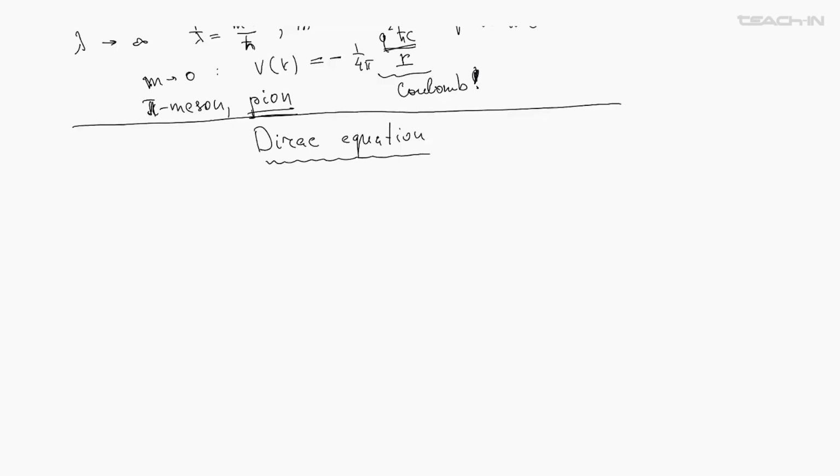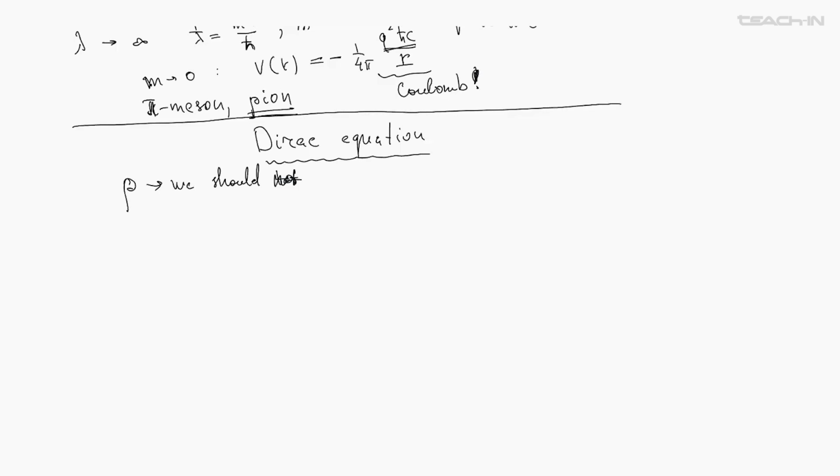First of all, we wish to prevent the occurrence of negative probability densities. And this means that we should avoid time derivatives in the formula for the probability density ρ.